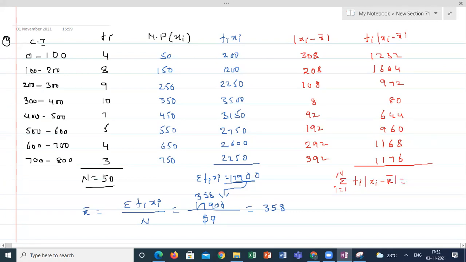Give the summation, students, please. Anyone got the sum?